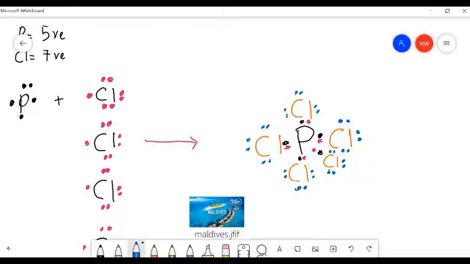So semua chlorine kita dah attach ke sini. Okay. So now there is a covalent bond, 5 covalent bond between phosphorus dan juga chlorine atom.